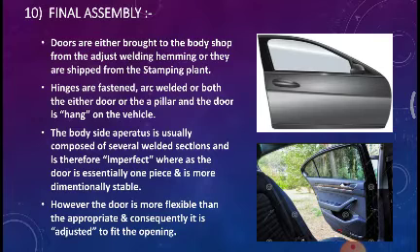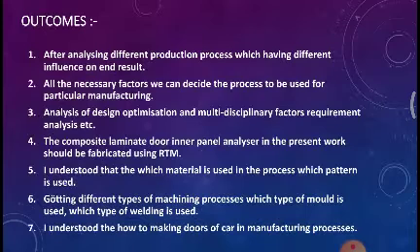The body side aperture is usually composed of several welded sections and is therefore imperfect, whereas the door is essentially one piece and is more dimensionally stable. However, the door is more flexible than the aperture and consequently it is adjusted to fit the opening.